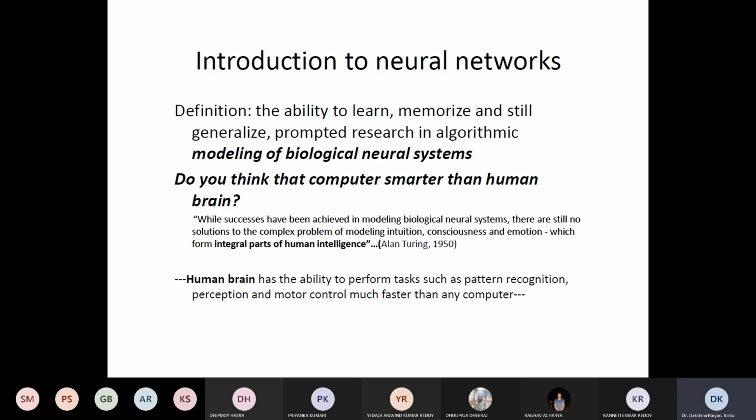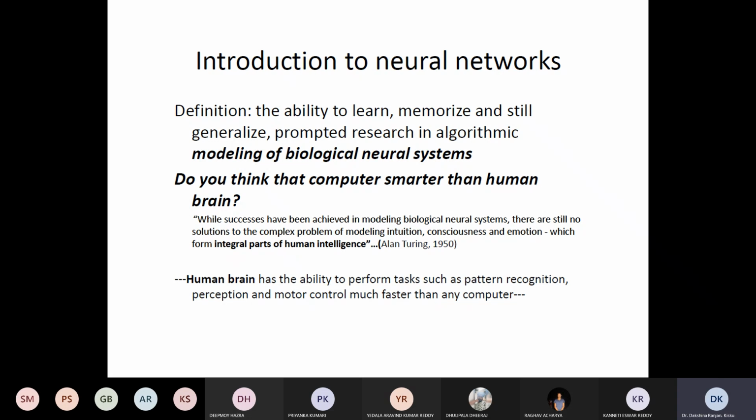what is a neural network? If I ask you this question, what is a neural network, then we need to understand how it is inspired from the human brain. Informally, what we understand about neural networks is that they reflect the behavior of the human brain.